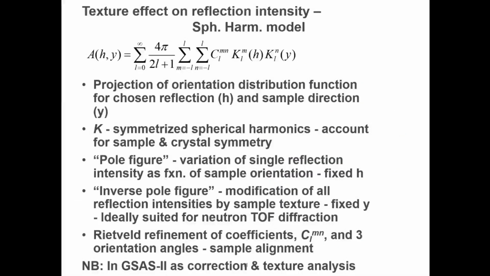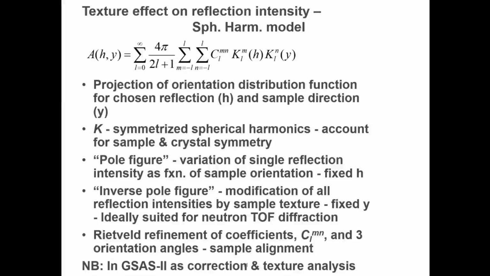Again, here's the function of the correction to the intensity, which is this guy, depends on the reflection. It also depends on the direction with respect to the sample coordinates, whatever it happens to be. And this thing then is a sum of symmetrized spherical harmonics.